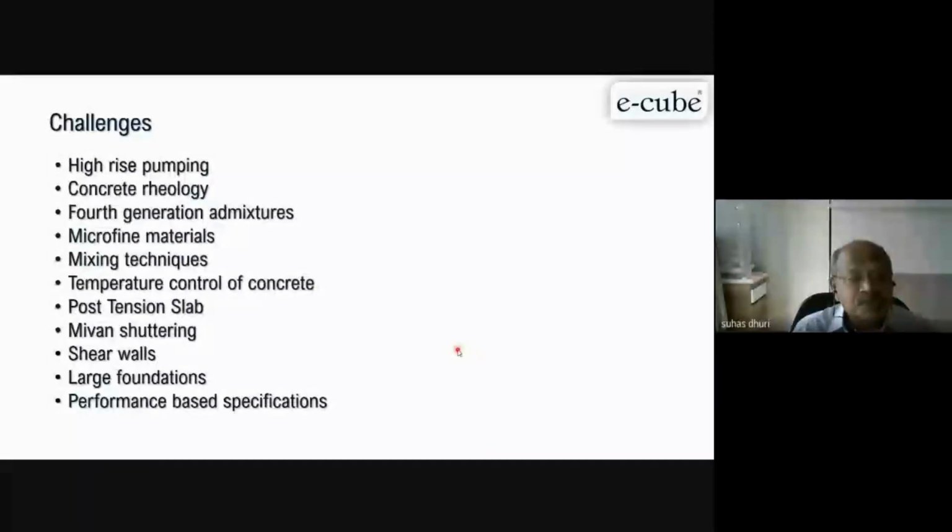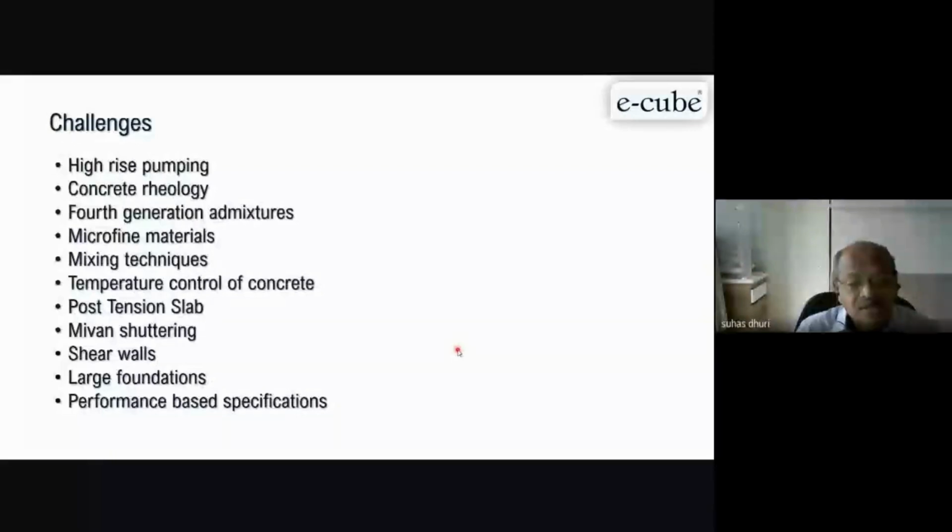These are all issues and challenges today. In one shuttering, we have to pour 3-meter height concrete in one go without any segregation. Even shear walls, very big shear walls, are there in high-rise buildings today. So how to address those issues, we'll discuss.